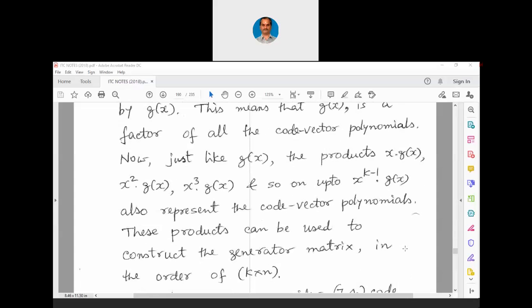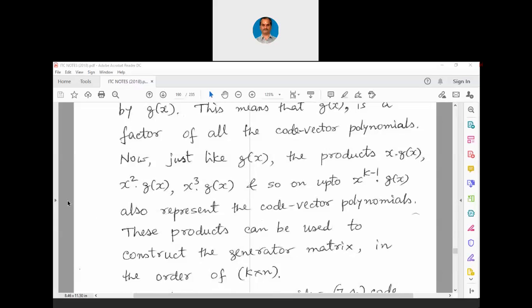Now, these products can be used to construct the generator matrix in the order of k cross n. That is the outcome of this discussion now. Just like we had that factor x power n plus 1, by using the factors of x power n plus 1, we had G of x and H of x. Now, to avoid the polynomial division, we want to have a generator matrix.